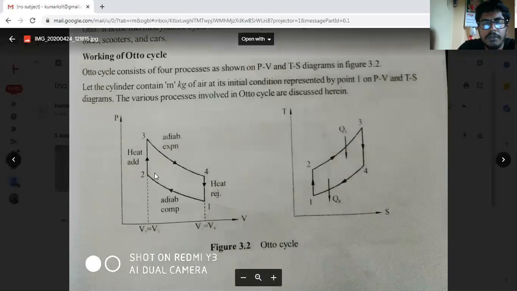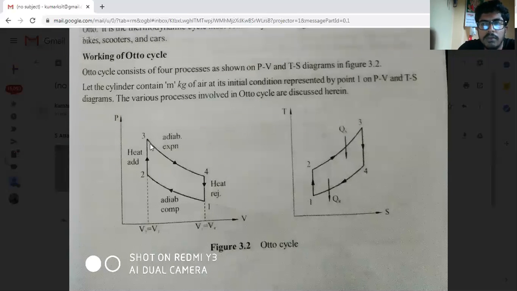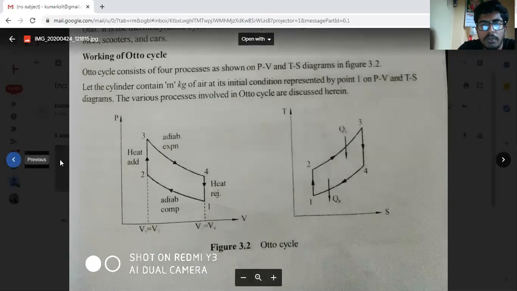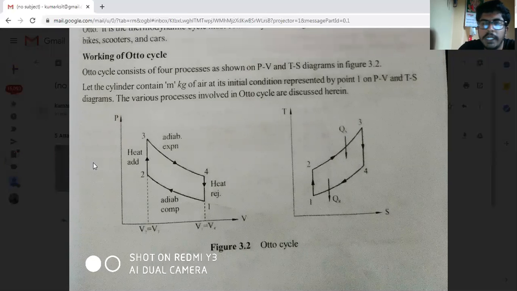The equation is heat supplied Qs is equal to m into Cv into T3 minus T2. That is equation 2 during the process 2 to 3, the constant volume heat addition process.